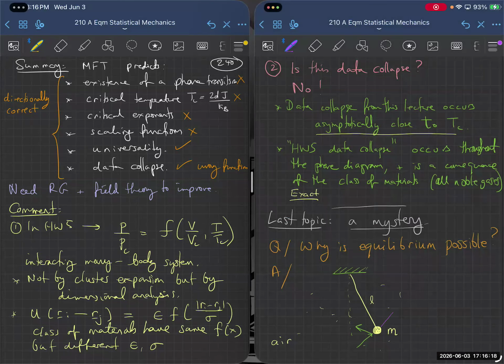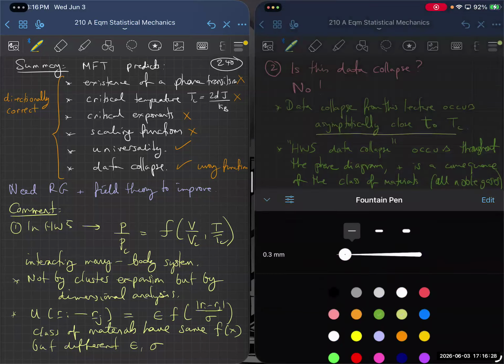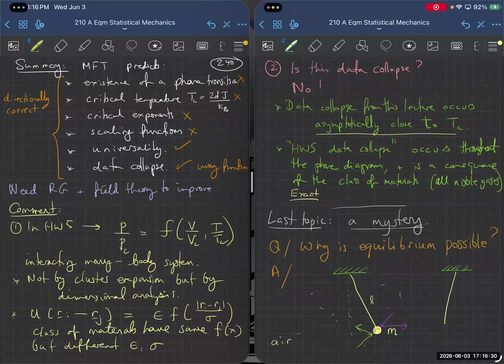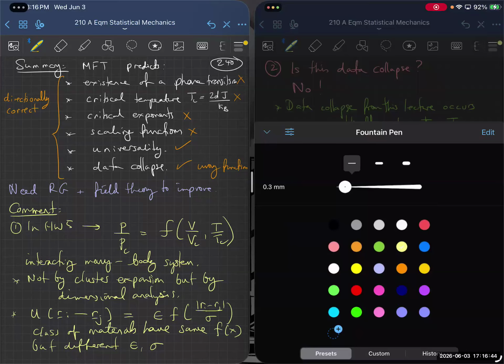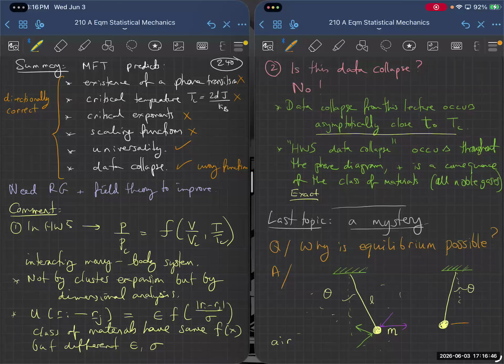So what I would expect is that if I look at this pendulum at some later time, it might be like this. So the pendulum is being bombarded by particles, constantly hitting it and moving it around.